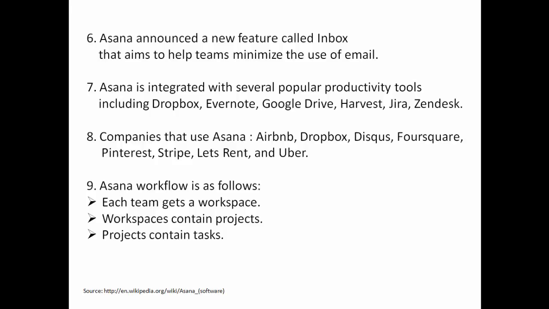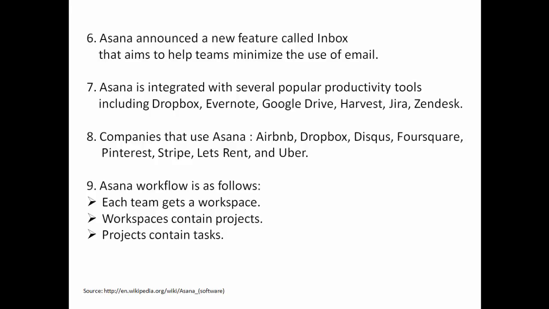Asana is integrated with several popular productivity tools including Dropbox, Evernote, Google Drive, Harvest, Jira, Zendesk, and even GitHub. Companies that use Asana are Airbnb, Dropbox, Discuss, Foursquare, Pinterest, Stripe, Let's Rent, and Uber.